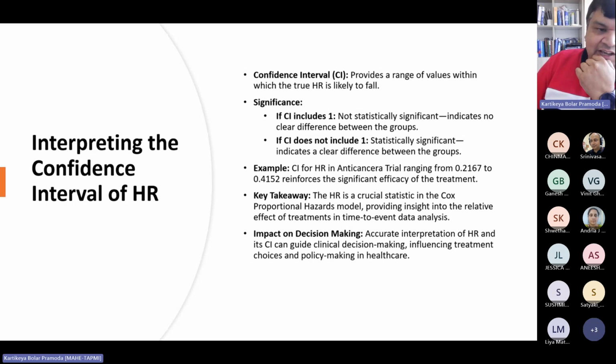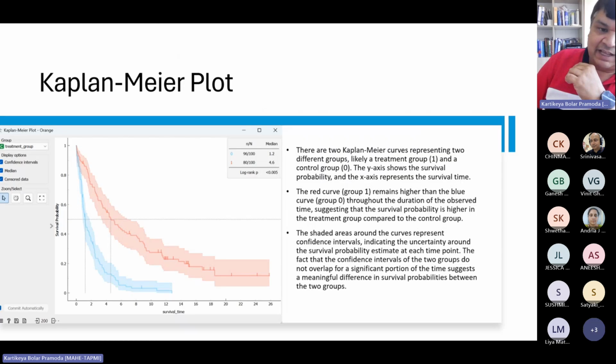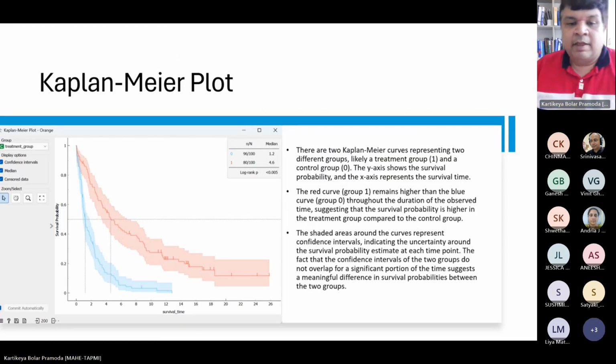This is not really part of the Cox regression model, but we can make use of the diagrammatic perspective of survival analysis, called the Kaplan-Meier plot.